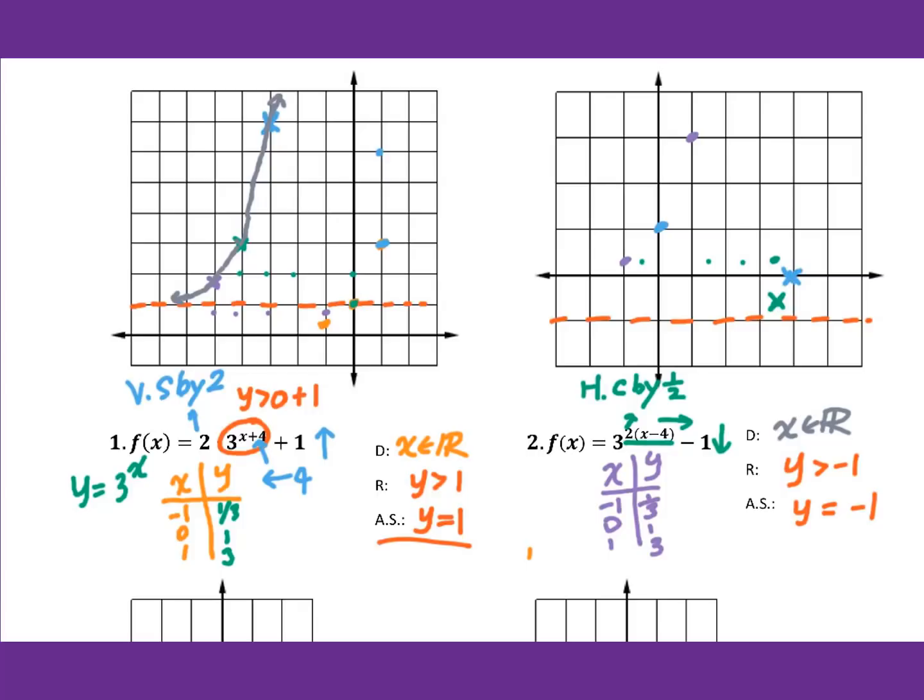Then we go to the last point. This point. Horizontally compressed by 1 over 2. So 1 divided by 2, that will be here. Then go to the right 4. 1, 2, 3, 4.